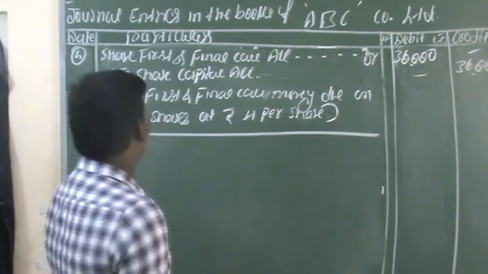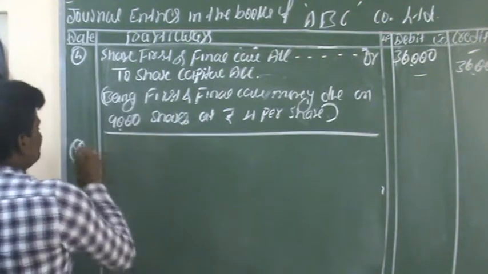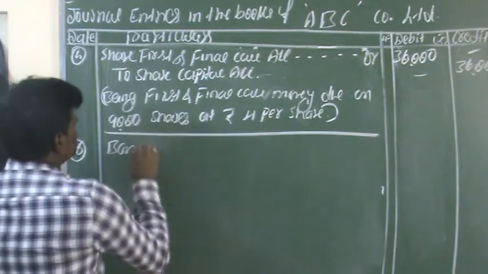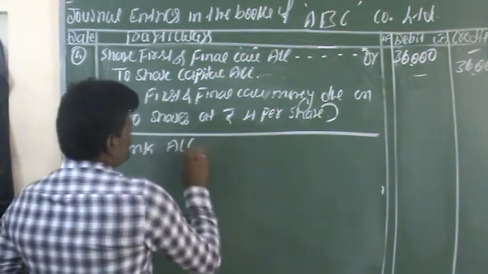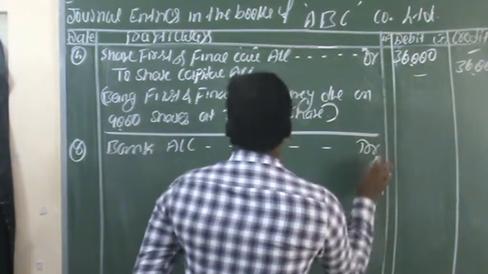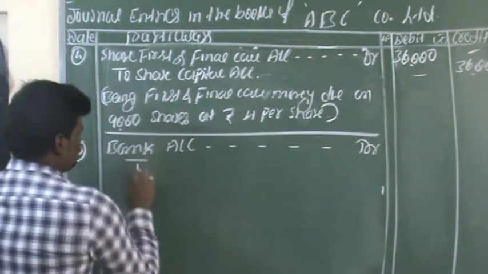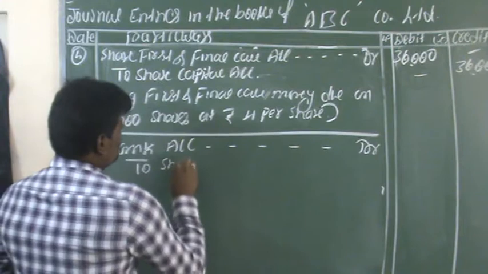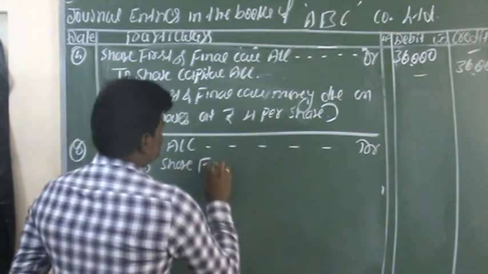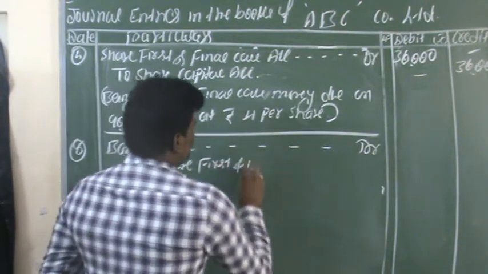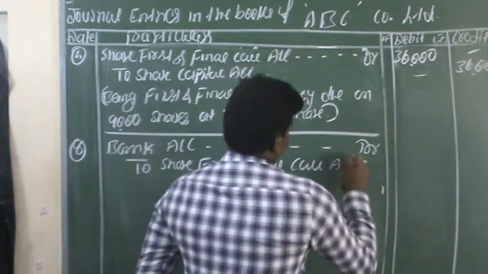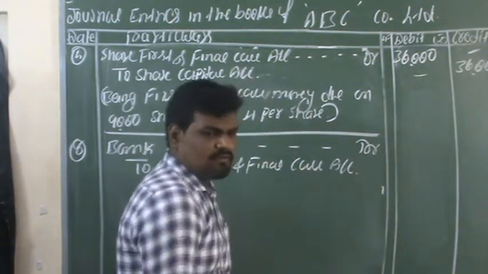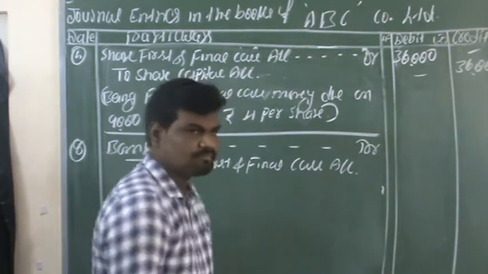For the first and final call money received, the sixth entry. Received means nothing but bank account. We are receiving the amount by way of the first and final call only. Bank account debit to share first and final call account.